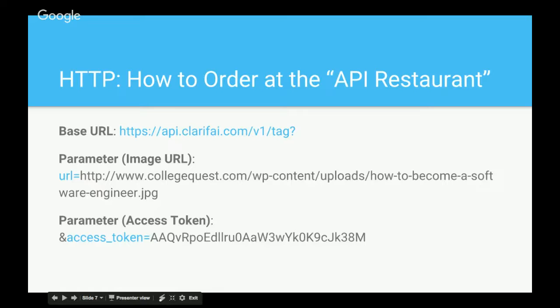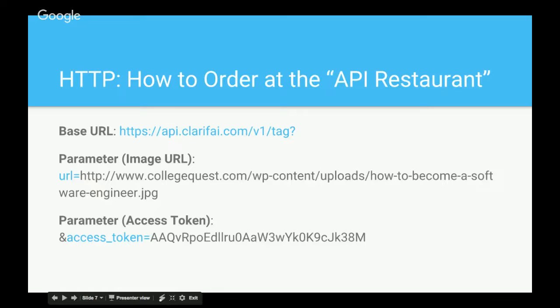We have two parameters in our HTTP GET request here. They both follow the format key equals value, kind of like how you might define a variable in math. Parameters are essentially variables. It is important to note that each API has its own set of parameters for a request.